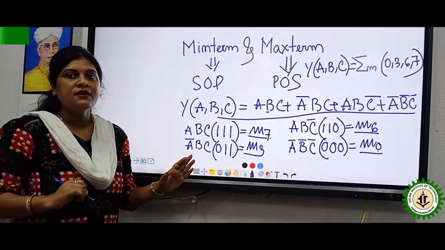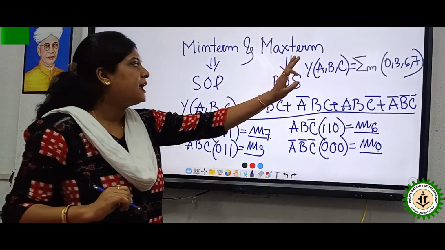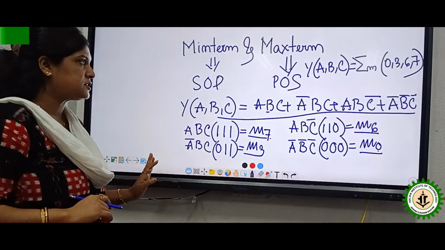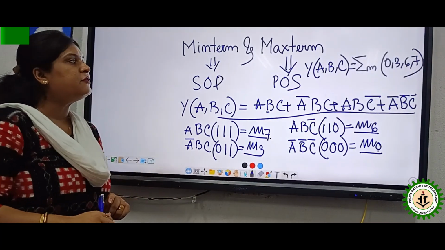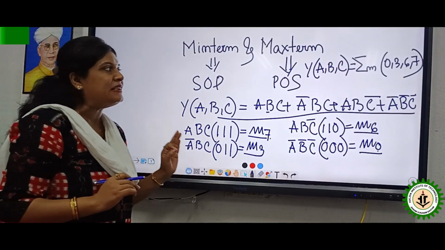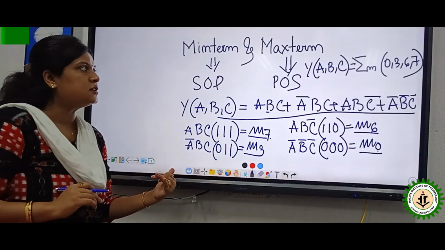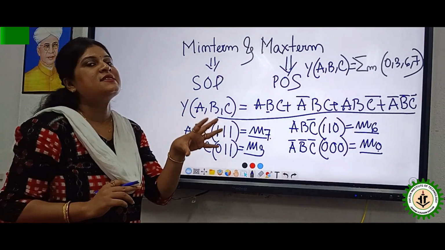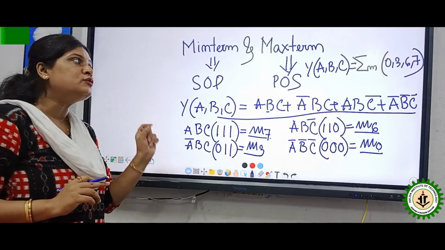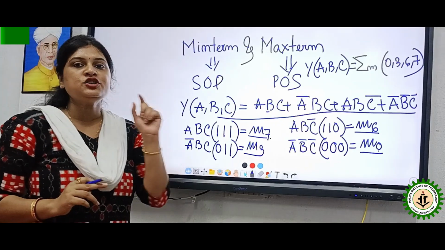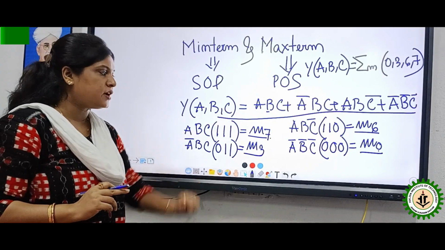Now these are the min terms expression of this logical expression. Now why do we find out the min terms? Because through this min terms expression we can put it into the K-map, which is known as the Karnaugh map, and through that Karnaugh map representation we can find out the shortest form of the equation.